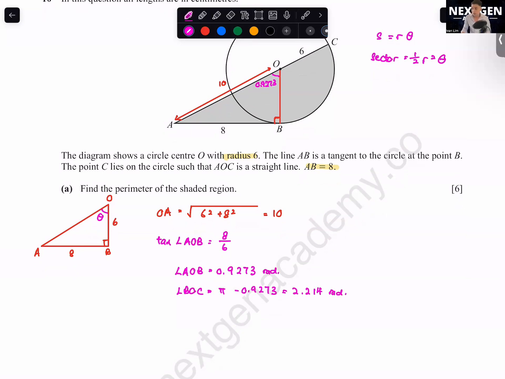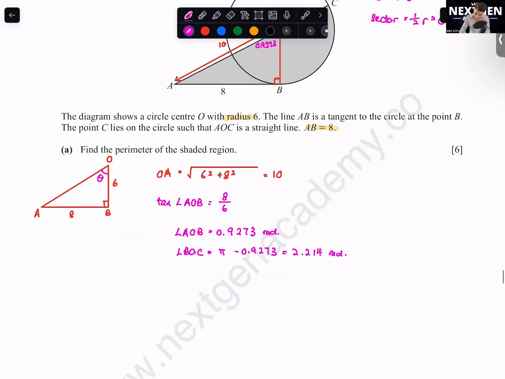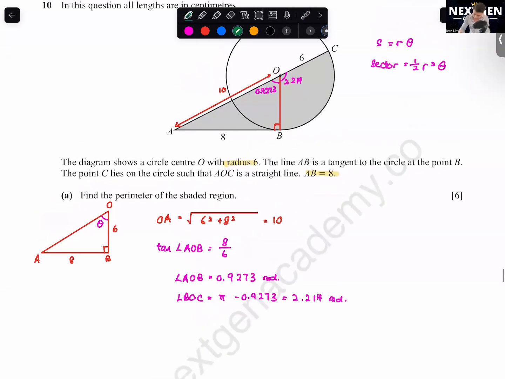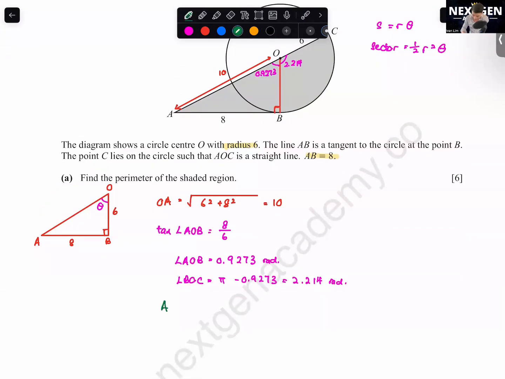Why convert to radian? Because the formulas that you learn in NMaths are all in radian, right? s equals r theta, then half r squared theta. Okay, so I want to find arc BC.